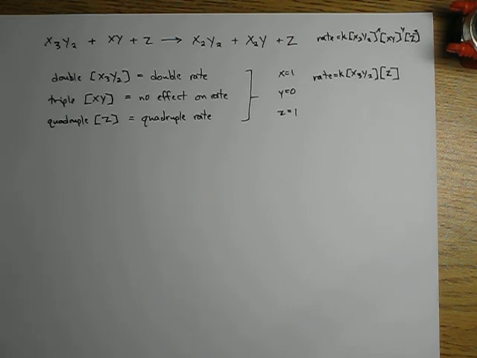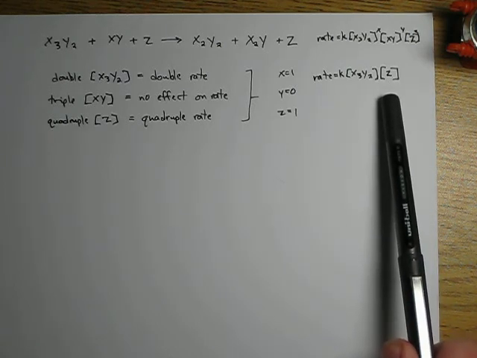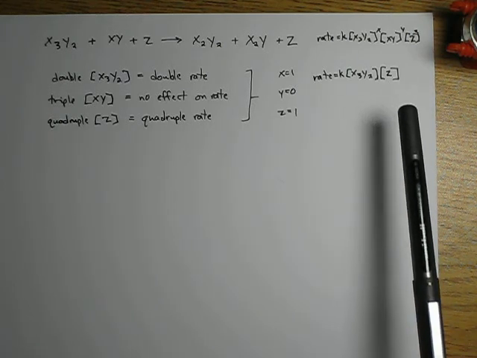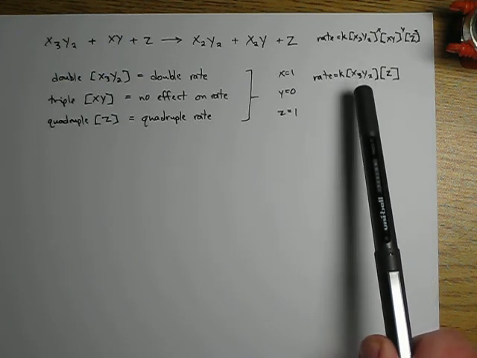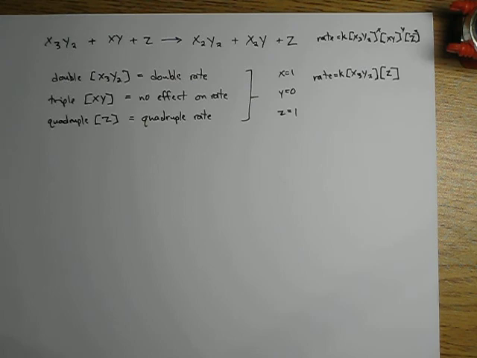And what will I be looking for when I'm looking at the mechanisms that you are proposing? Well, here's the deal. Since this is the rate law for the overall reaction, we know that our slow step has to be X3Y2 plus Z goes to something.